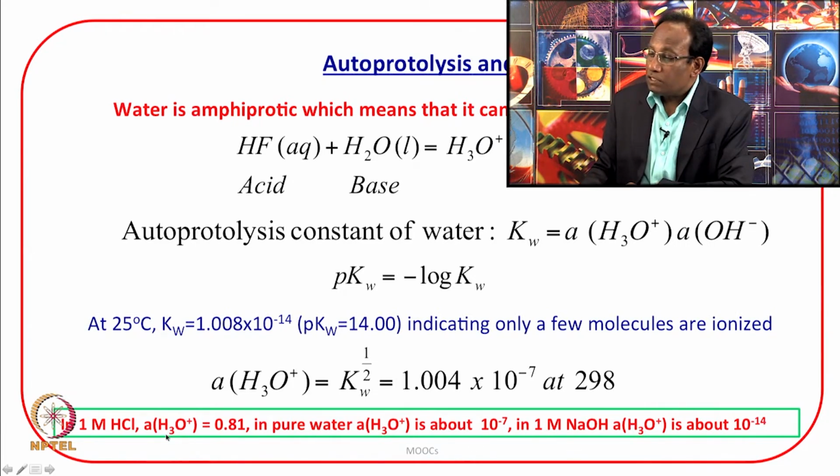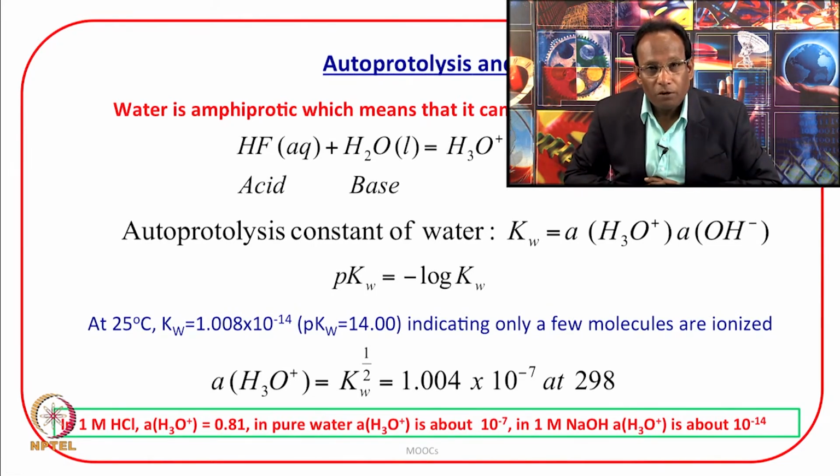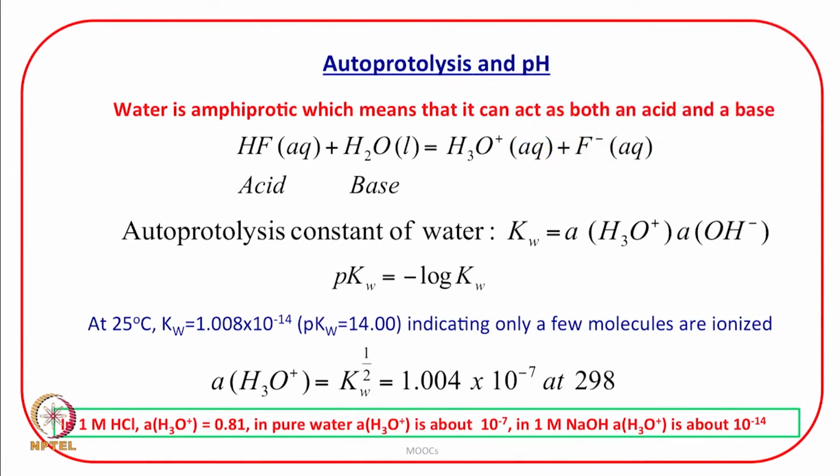See, the activities, if I say 1 molar concentration, activity is different because activity coefficient has to be included, and here activity is 10 to the power minus 7, here activity of hydronium ion is 10 to the power minus 14.